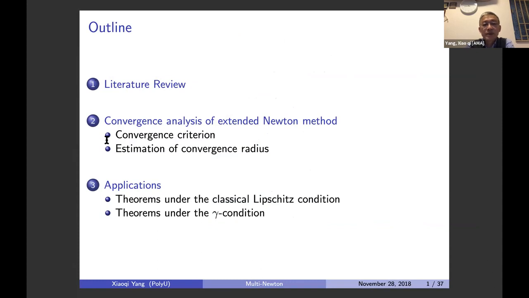That's the main purpose of this talk. Here we can estimate how large these convergence regions could be. Then we will apply it to a classical condition which is used in the convergence analysis for the Newton method.